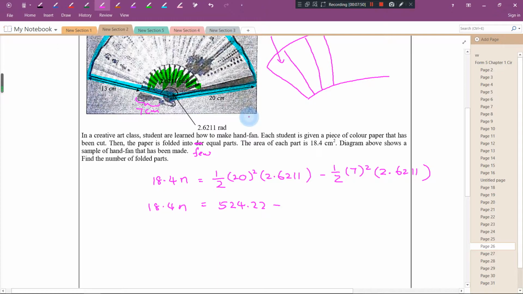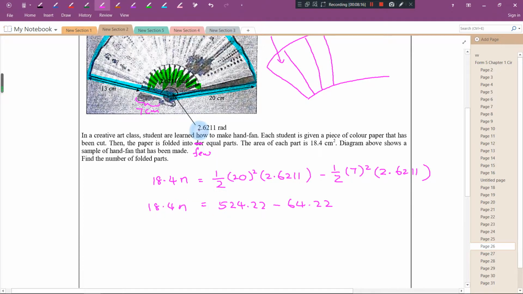If you don't want to press 1 over 2, you can just key in 0.5. 7 squared times theta. Okay, very long decimal places, 64.21695. If you don't want to write so many decimal places, you can just round off your answer to 64.22. Okay, if you want to take all the decimal places, it is okay.